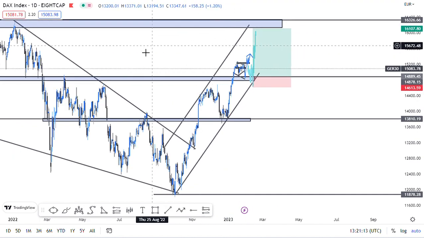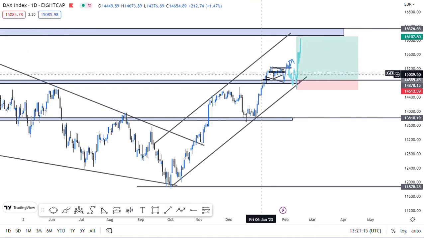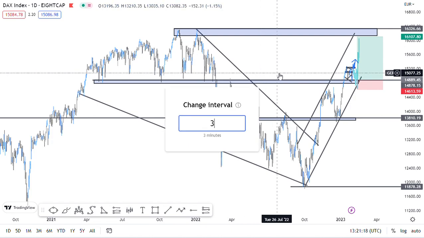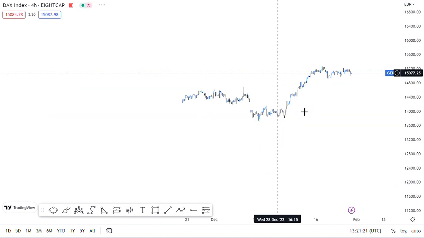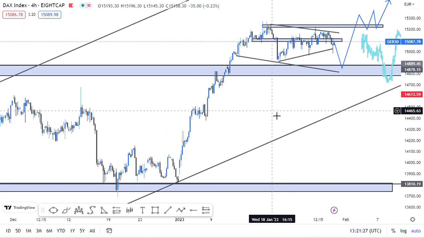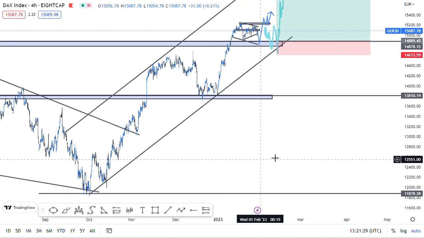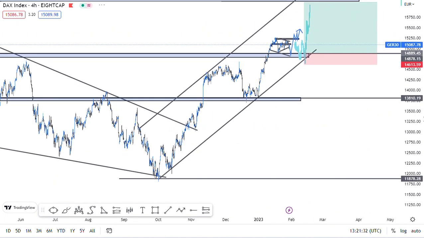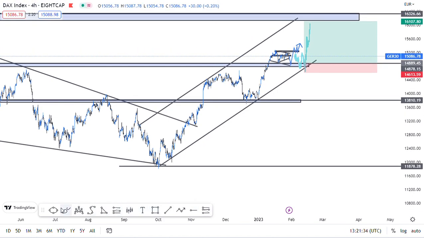This is GER30. So let's just go deeper into some smaller time frames. Even on GER30, I'm expecting a what? A third touch. This is my first, my second, and then I'm expecting a what?